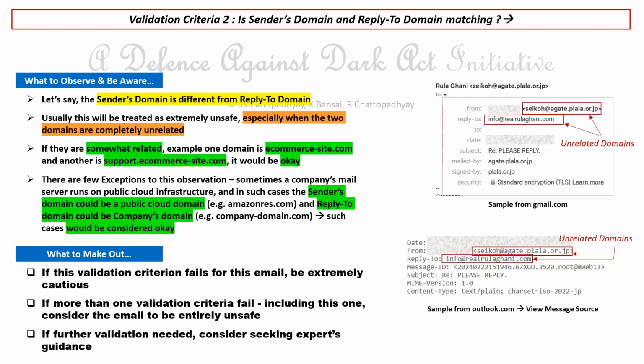Second criteria, you need to notice the sender's domain and the reply to domain, whether those are matching or not. You can look at these examples that are captured here. So here, the from header information shows a particular domain name, and in the reply to, it's a different domain name.